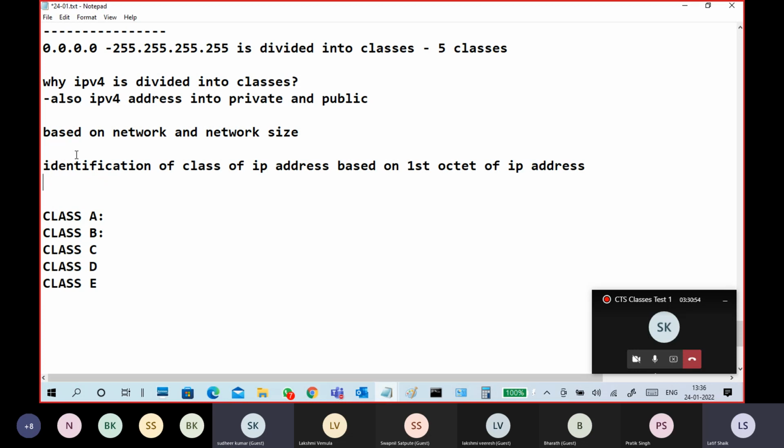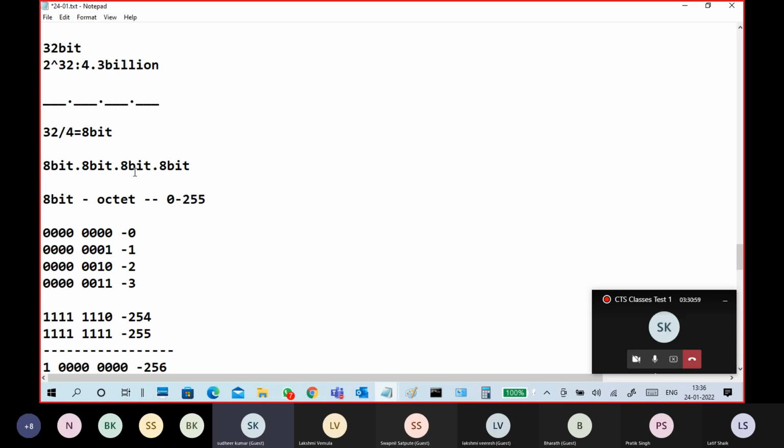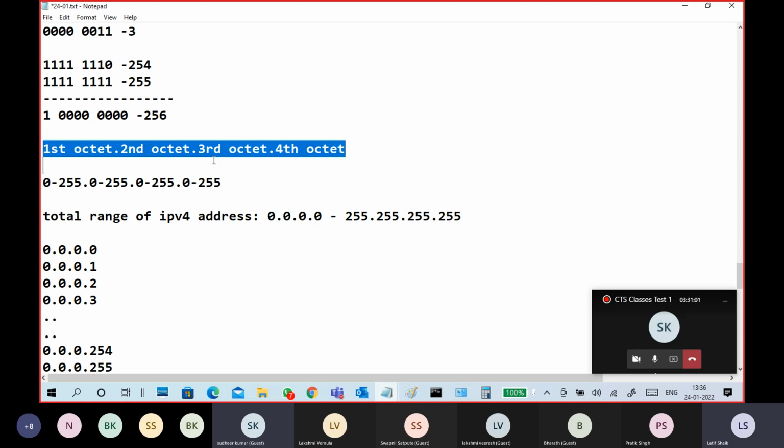For example, you have an IP address: first octet, second octet, third octet, like this.